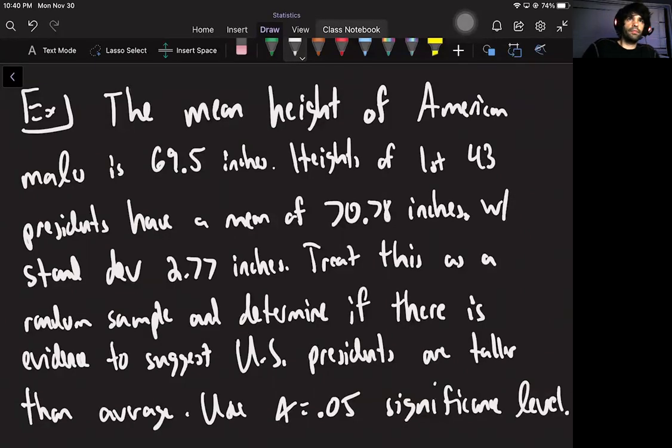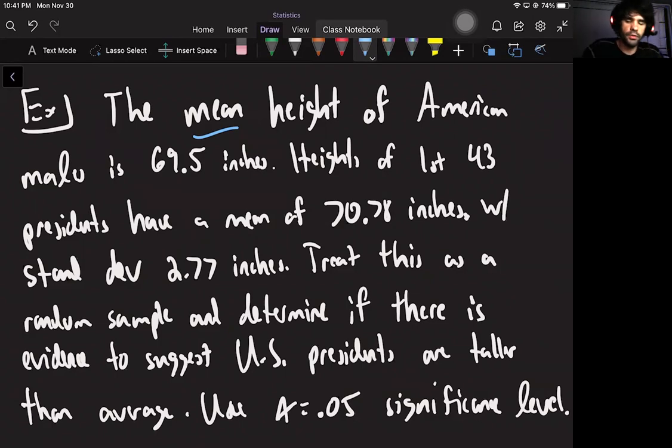Okay, so here's the problem. The mean height, so now we're talking about means, of American males is 69.5 inches. Heights of the first 43 presidents have a mean of 70.78 inches with standard deviation 2.77 inches. We're just going to pretend that this is like some random sample. And then we're going to determine if there is evidence to suggest that US presidents are taller than average using this significance level.